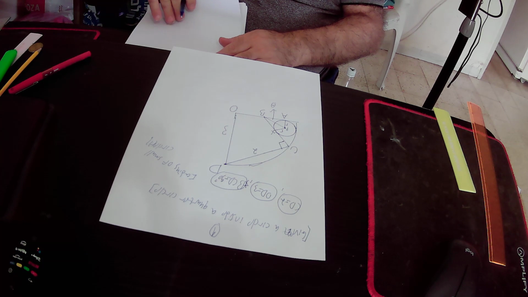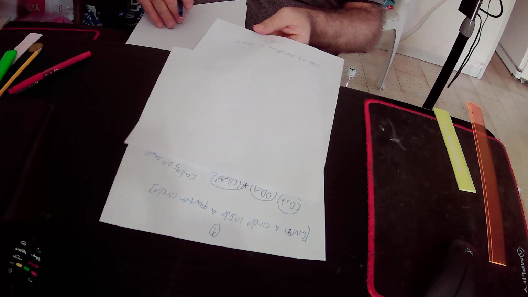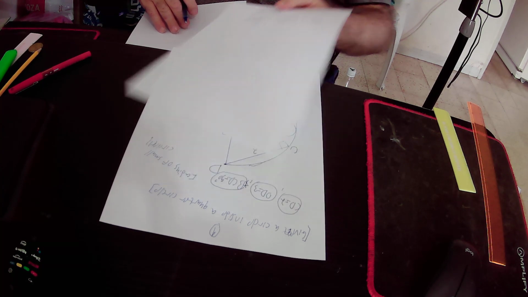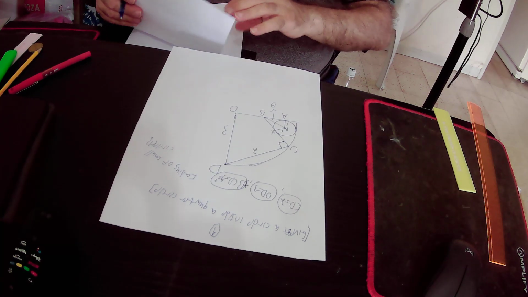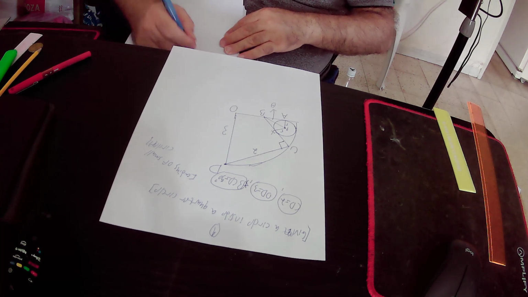Okay, we proved the triangle ABP is congruent to triangle PBX according to the side-side-side rule.